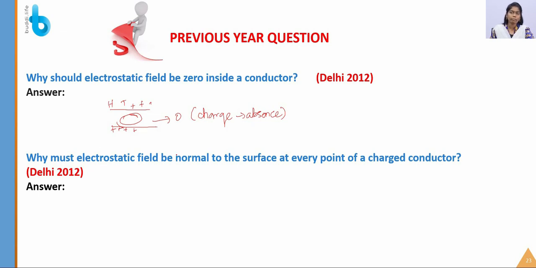And then, why must the electrostatic field be normal to the surface at every point of the charged conductor?